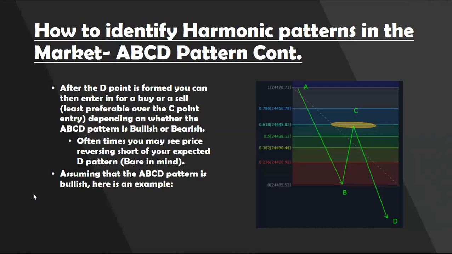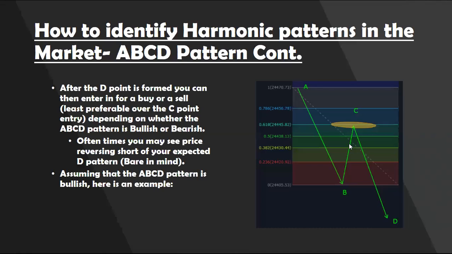So up until now, we had this swing low, then a retracement, right? And we don't know if this is an ABCD pattern or a Gartley pattern. All the way up until price passes this B point, we then know that we have an ABCD pattern, right?